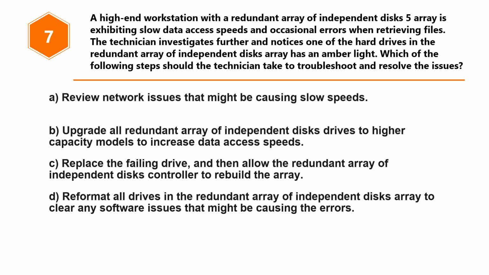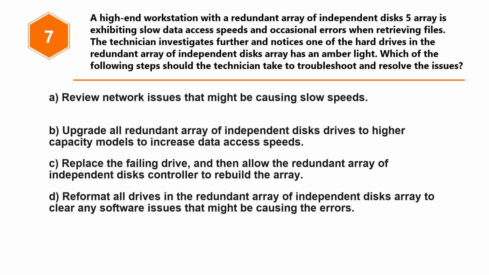Question 7. A high-end workstation with a redundant array of independent disks 5 array is exhibiting slow data access speeds and occasional errors when retrieving files. The technician investigates further and notices one of the hard drives in the redundant array of independent disks array has an amber light. Which of the following steps should the technician take to troubleshoot and resolve the issues? Option A, Review network issues that might be causing slow speeds. Option B, Upgrade all redundant array of independent disks drives to higher capacity models to increase data access speeds.